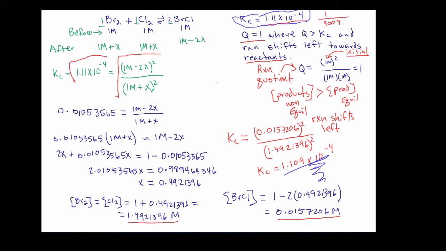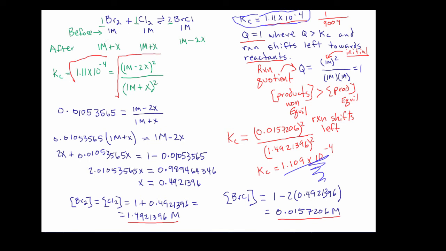Okay, so to finish, the crucial thing in solving a problem like this, where you're given initial concentrations of all the components in the chemical reaction, the first thing you need to do is calculate Q and figure out which way the reaction is going to shift.